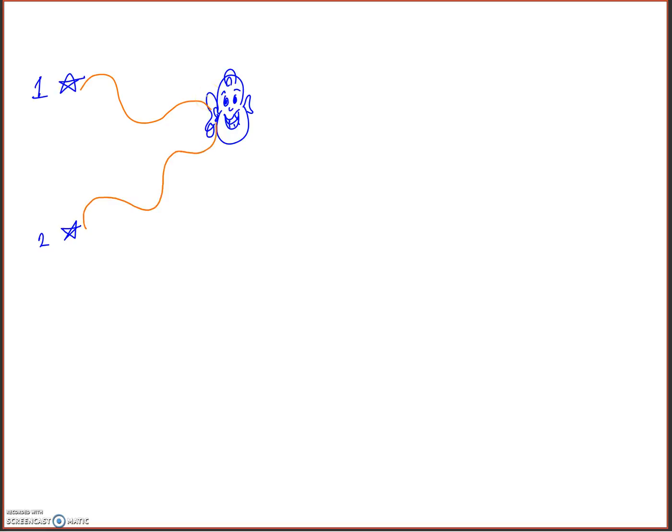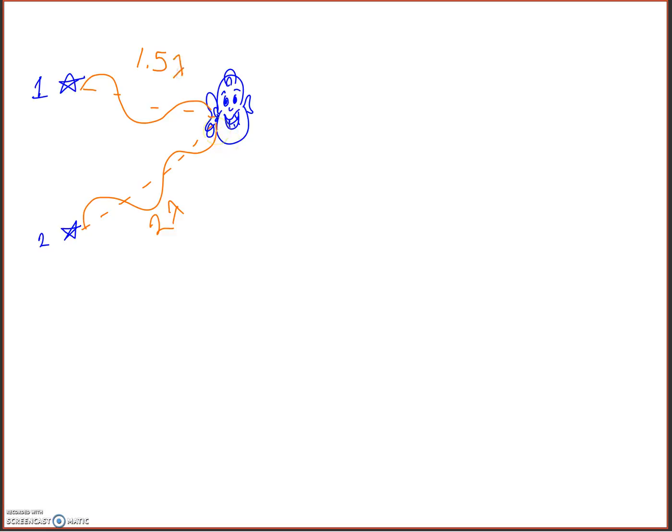Looks something like that. And let's see how many wavelengths it took to get from speaker two to the ear. That distance here is about 2 wavelengths exactly, whereas here, we have 1 full wavelength plus a half. So that's about 1.5 wavelengths.